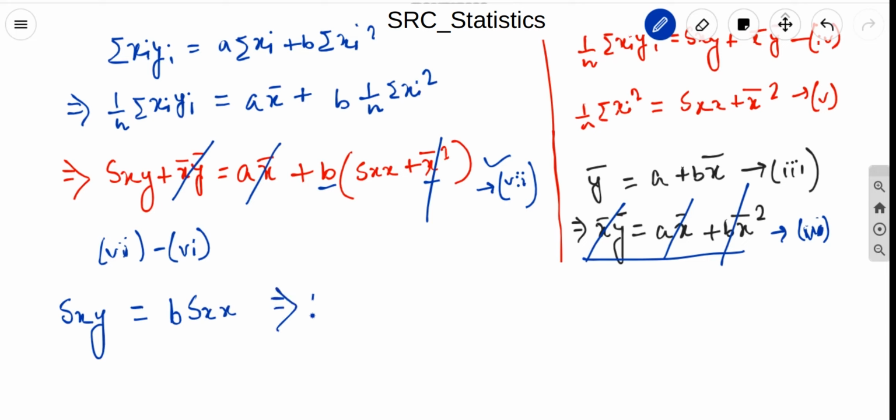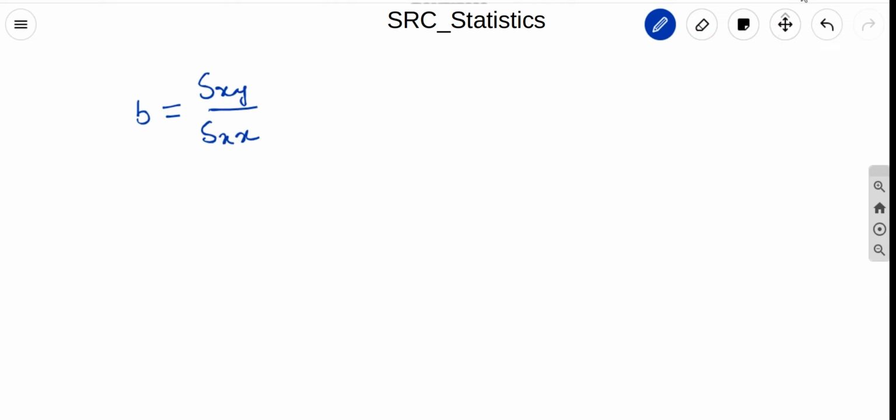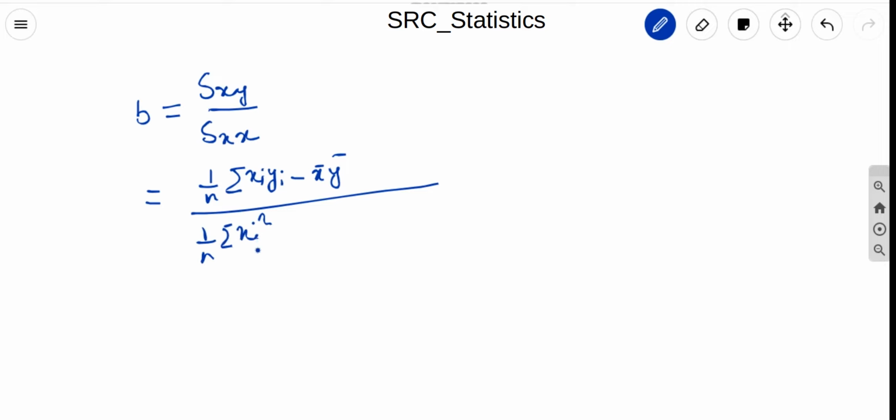This gives us b equal to sxy by sxx, which can further be written as, we know that sxy is covariance of x and y, equal to 1 by n summation xi yi minus x bar y bar, divided by 1 by n summation xi square minus x bar square.